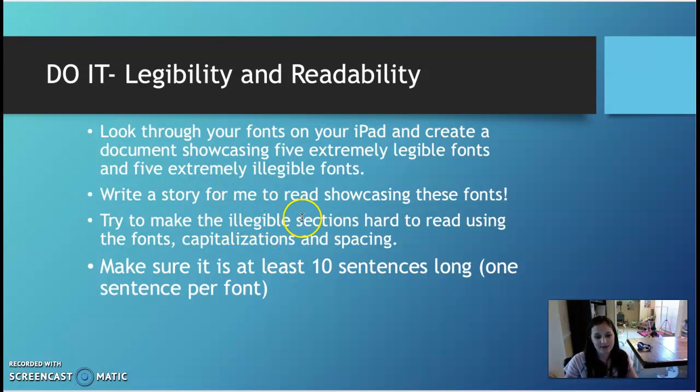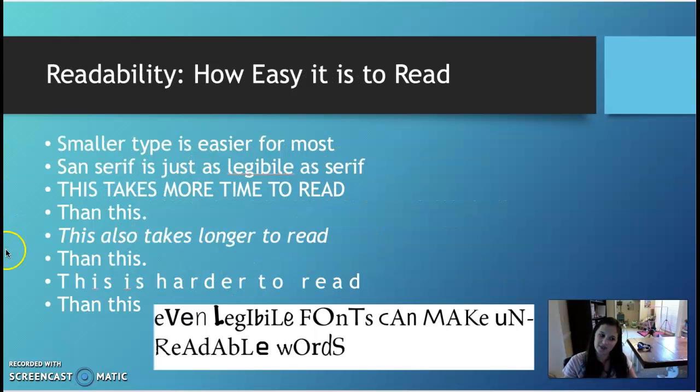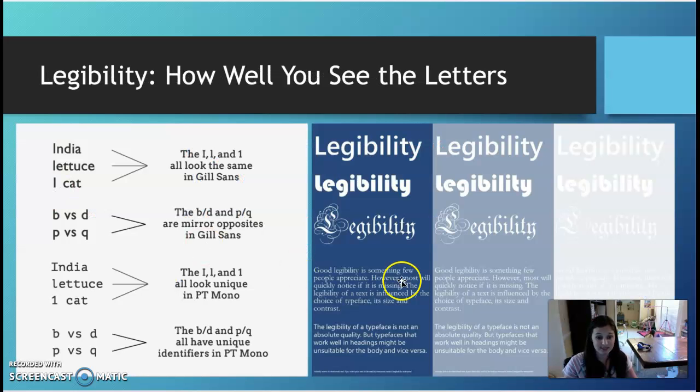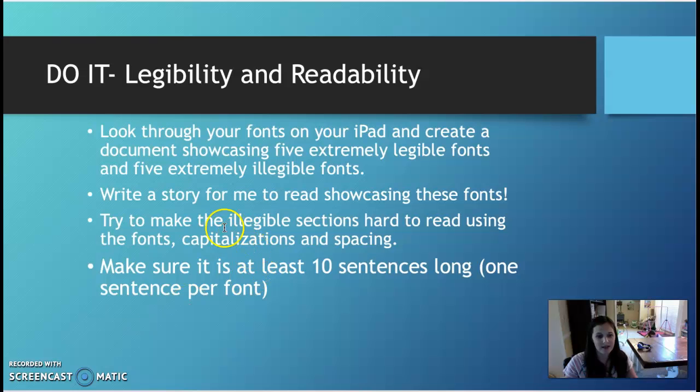I want you to try to make the illegible sections hard to read using the fonts, capitalizations, and spacing, like I did over here on this page. If the font is crazy, just like this one, you can just write the sentence as it is. Make sure that it is at least 10 sentences long, and there is at least one sentence per font.